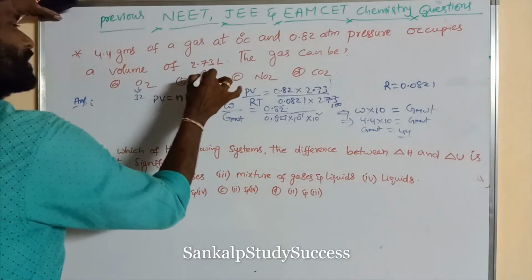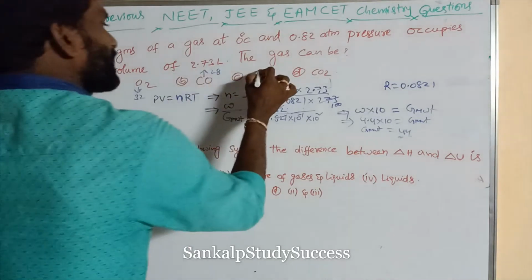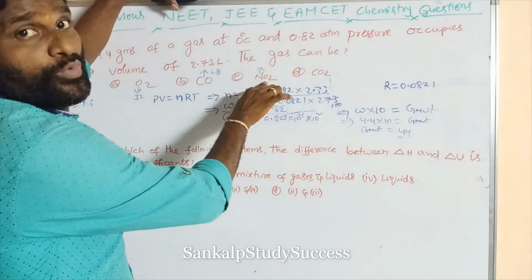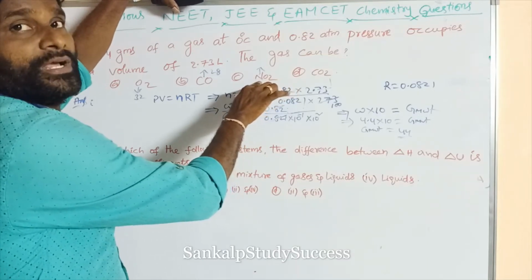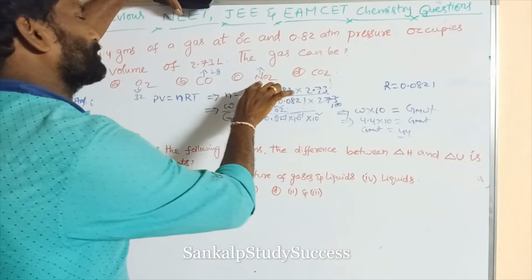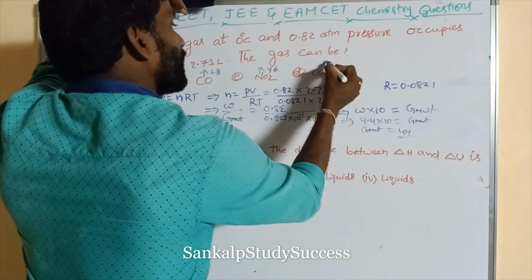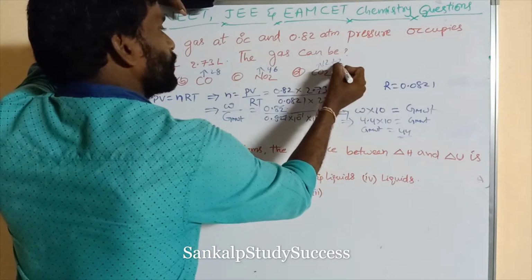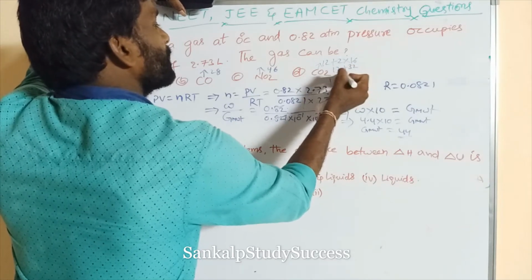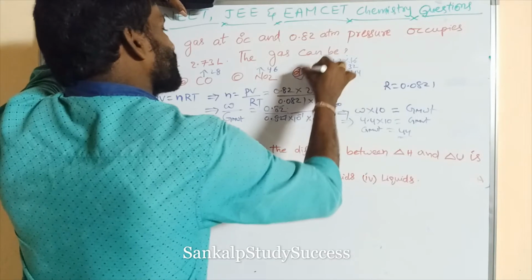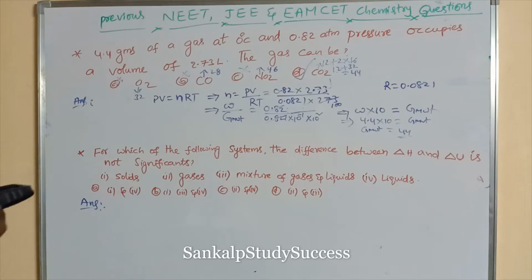Carbon monoxide: carbon 12, oxygen 16, so 12 plus 16 is 28. Nitrogen dioxide: 2 into 16 is 32 plus nitrogen 14, that is 46. Carbon dioxide: carbon 12 plus 2 oxygens, 2 into 16 is 32, plus 12 is 44. So this is the right answer, and the others are wrong answers. So this is a very important question.